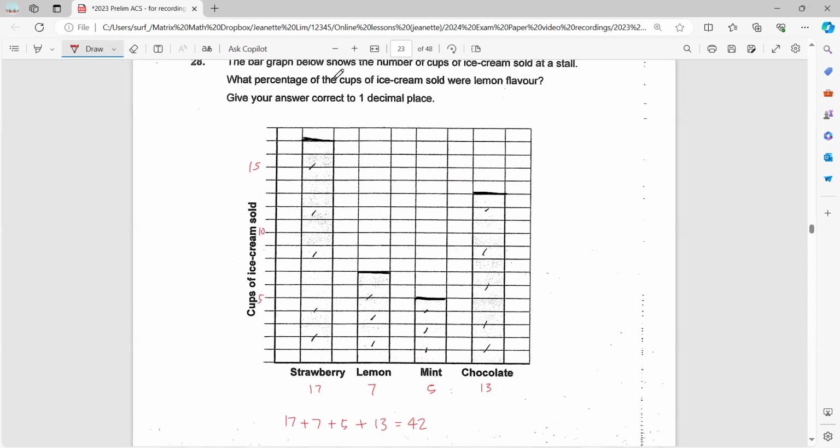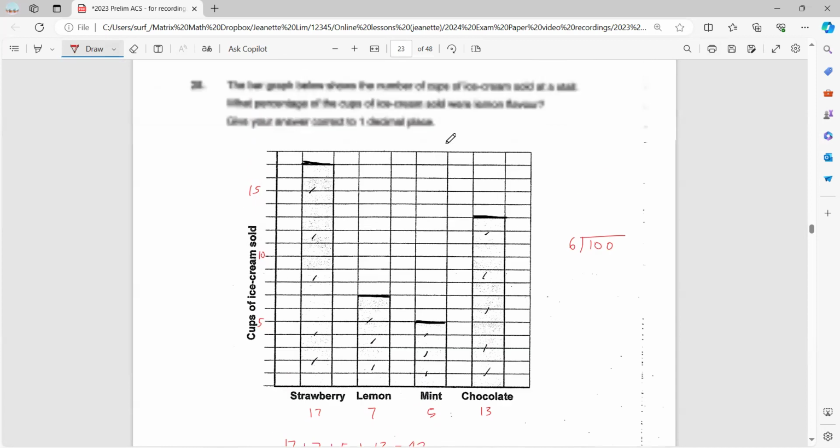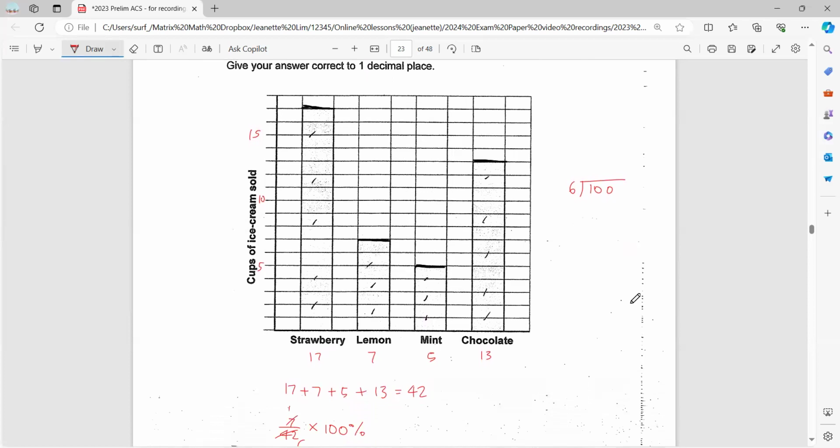What percentage were lemon? 7 out of 42 is the fraction. You want to change to percentage, times 100%. Let's simplify 7 and 42. You get 1/6. 1/6 times 100 is 100 over 6. So working 100 divided by 6. You need 1 decimal place, so when you do your working, you should give up to 2 decimal places.